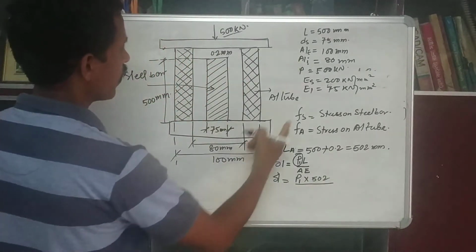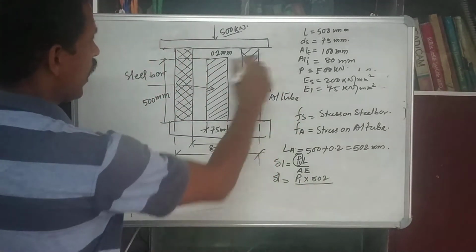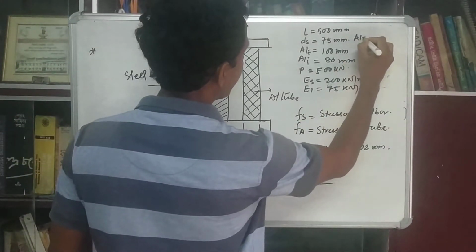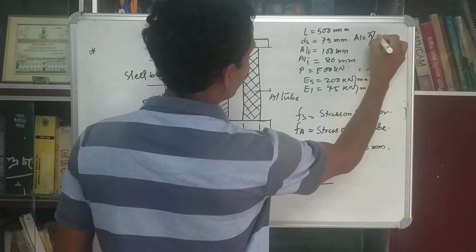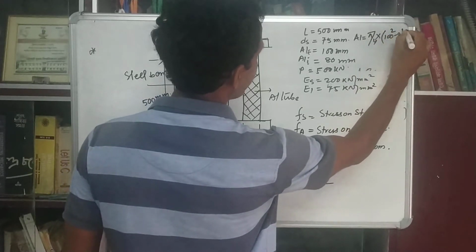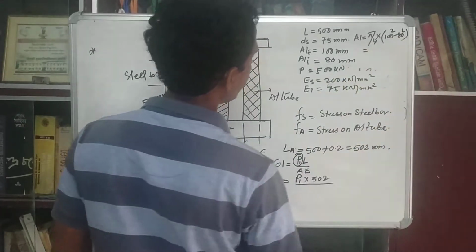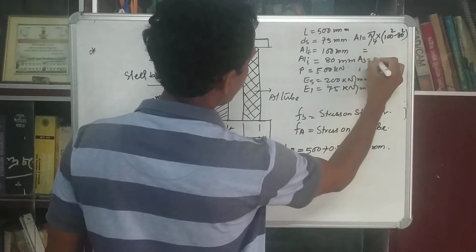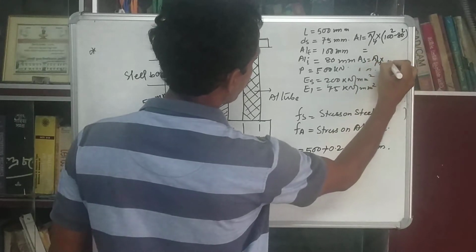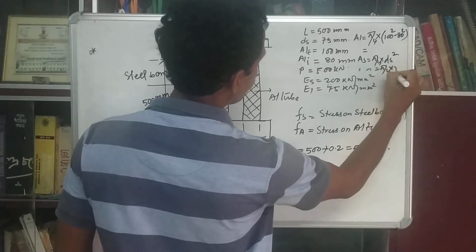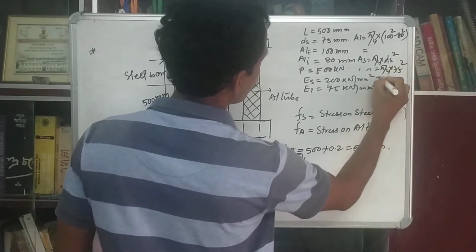Area of aluminum tube is pi by 4 into 100 square minus 80 square, and area of steel is pi by 4 into DS square, that means pi by 4 into 75 square.